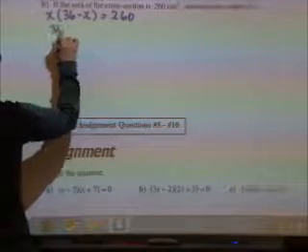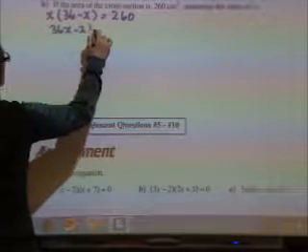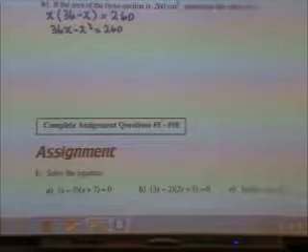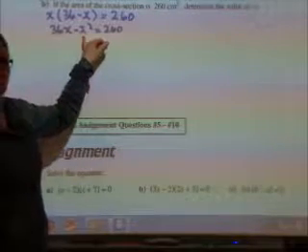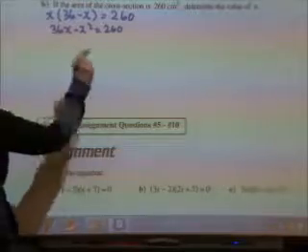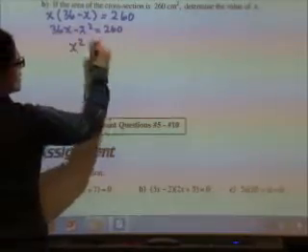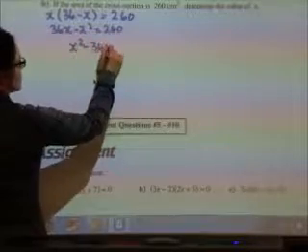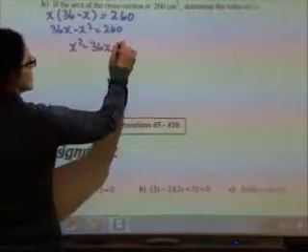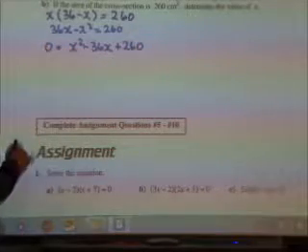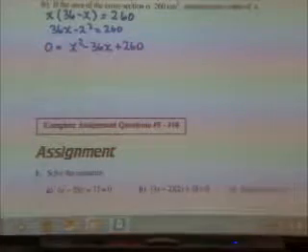So I get 36x minus x squared equals 260. In order to solve this, I need this to be equal to 0 so I can use the zero product law. Because my x squared is negative, I'll move it to the other side of the equation and make it positive. Then I'll have to move the 36x over, which would make it a negative, plus 260, and that will equal 0.